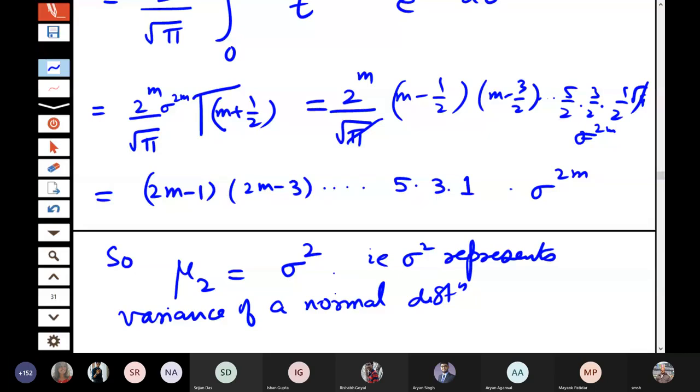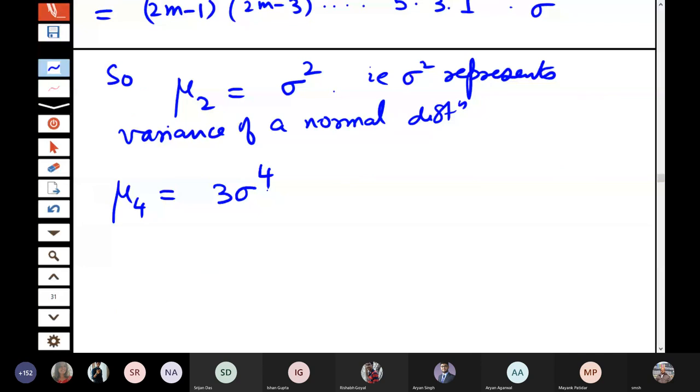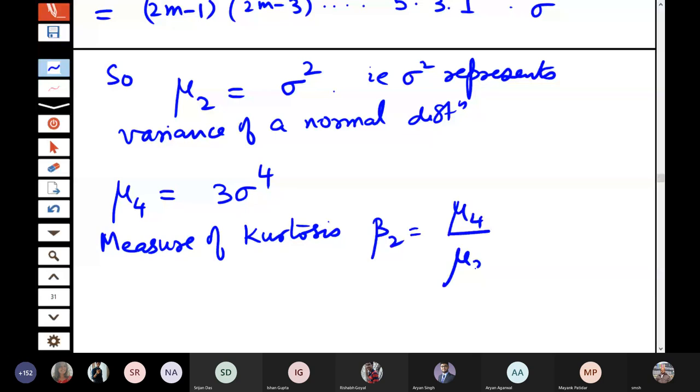So mu 4 becomes 3 sigma to the power 4. So if I look at the measure of kurtosis, that is beta 2, that is mu 4 by mu 2 square minus 3, so that is becoming 0.